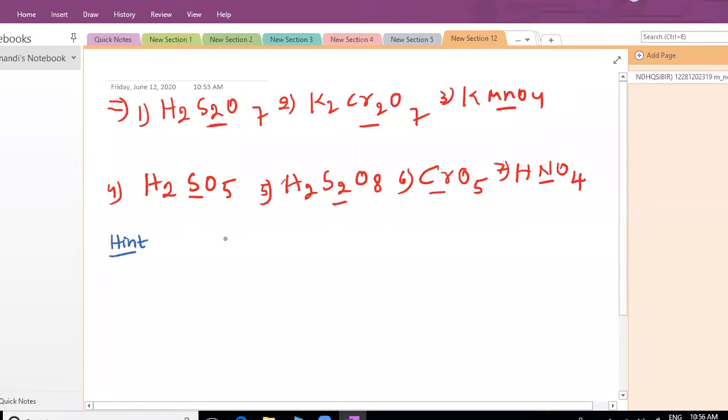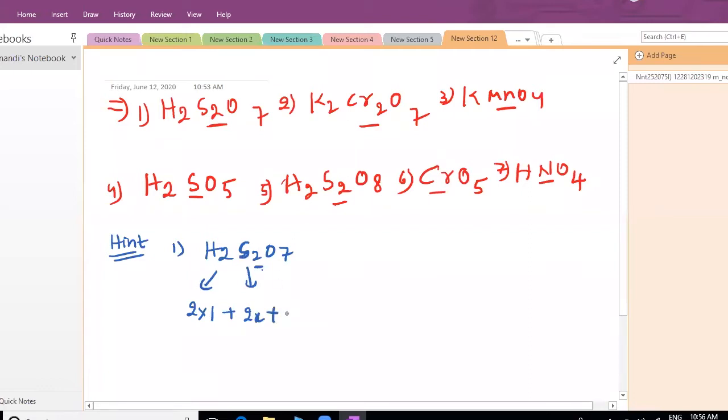H2S2O7. Hydrogen is always +1 oxidation number. So 2 into 1, plus sulfur is unknown, that's why 2x, because there are 2 sulfurs.